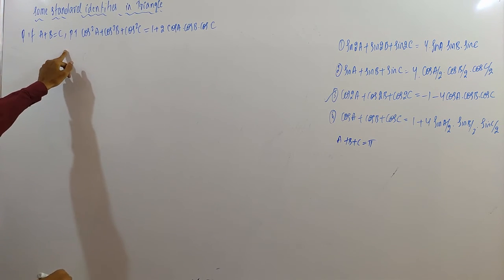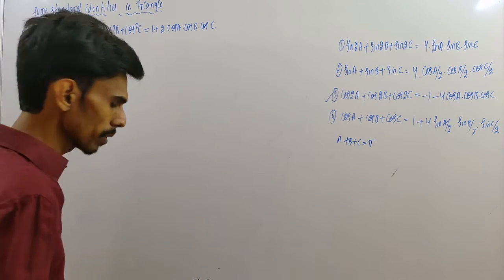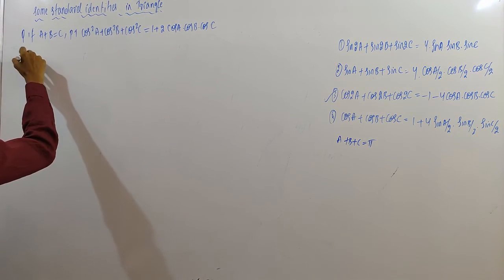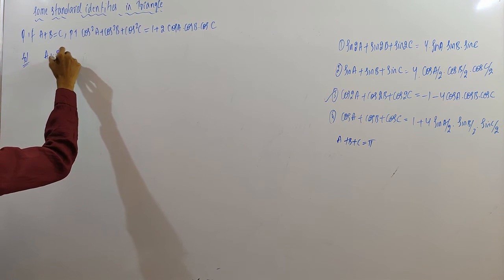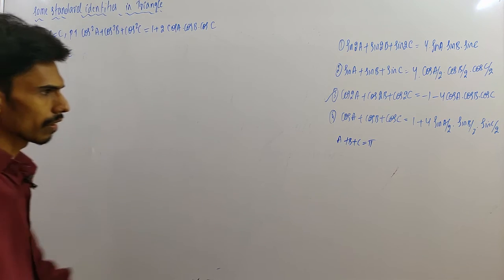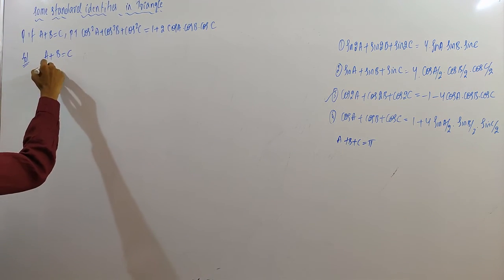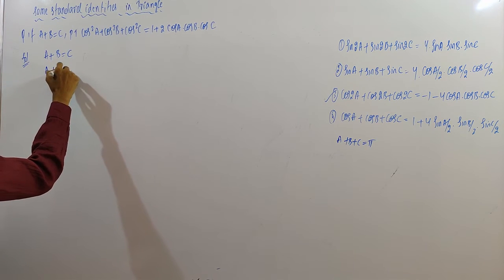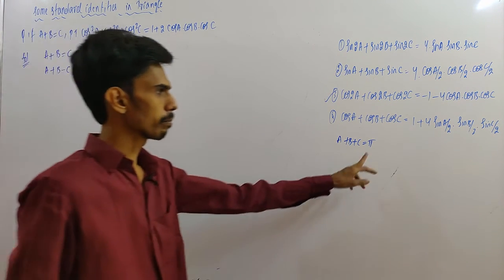If A plus B equal to C, prove that cos square A plus cos square B plus cos square C is 1 plus 2 cos A cos B cos C. We have given A plus B is equals to C. Generally, we have pi here. So send this C here, it will become A plus B minus C is equals to 0. Here we want pi.